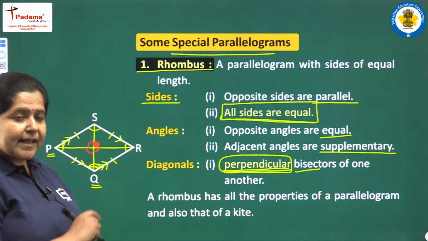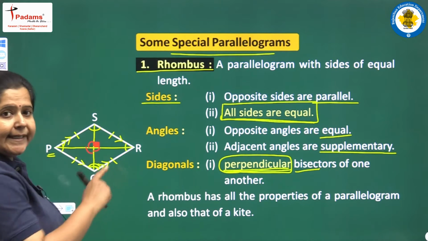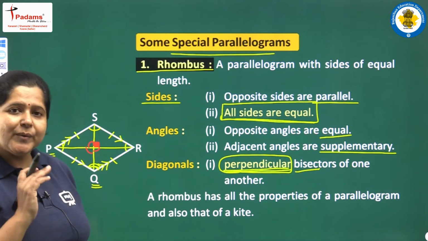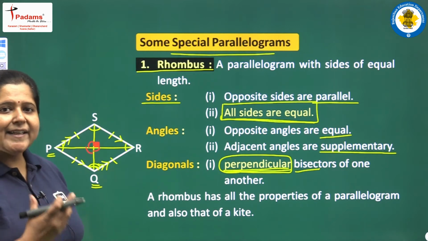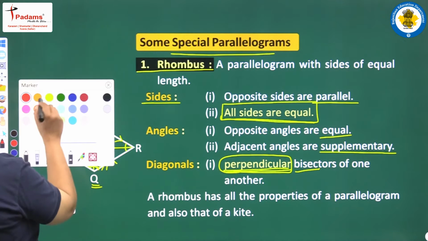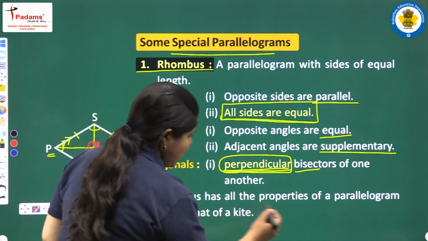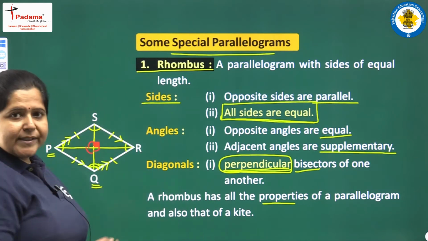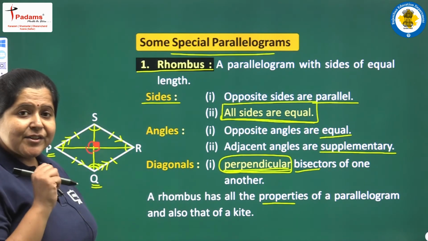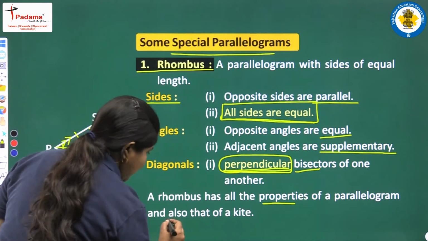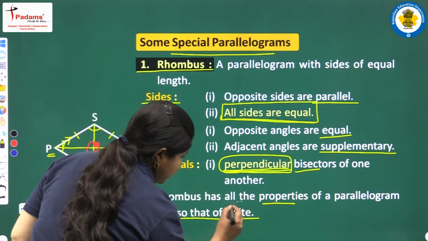So the diagonals are not only bisecting each other but they are also perpendicular to each other. This is again a special feature of a rhombus. So we conclude that a rhombus has all the properties of a parallelogram as we have just now discussed, and in addition to this a rhombus has also the properties of a kite.